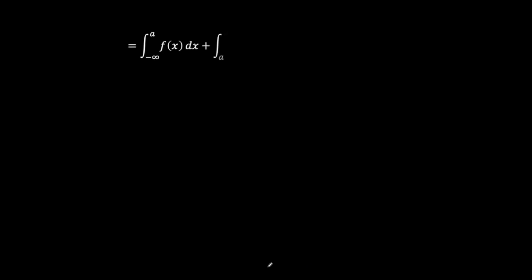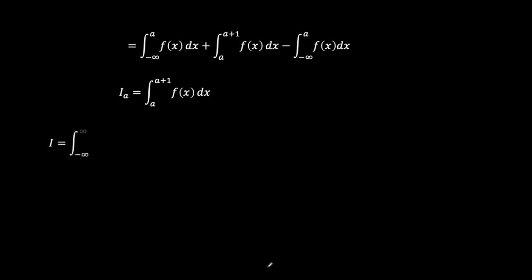But notice our original integral I is the limit of a tending to infinity of I_a. I being equal to the integral from x equals negative infinity to positive infinity of f(x plus 1) minus f(x) is the same as the limit of a tending to infinity of the integral from x equals negative infinity to a of f(x plus 1) minus f(x).